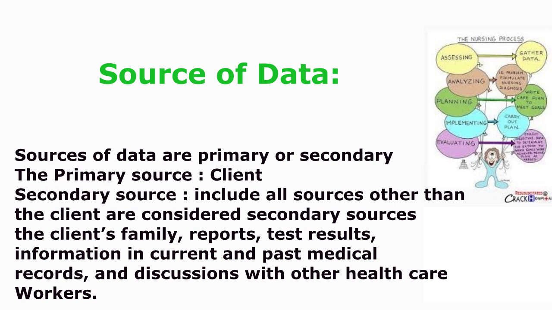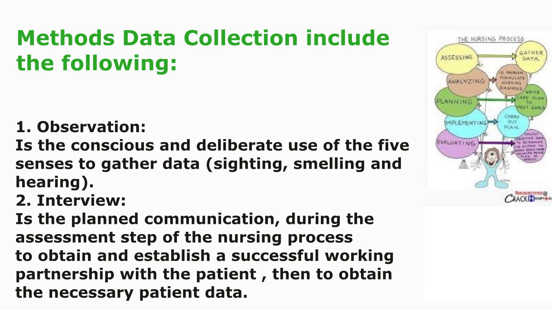Sources of data. Sources of data are primary or secondary. The primary source is the client. Secondary sources include all sources other than the client: the client's family, reports, test results, information in current and past medical records, and discussions with other healthcare workers. Methods of data collection include the following. 1.